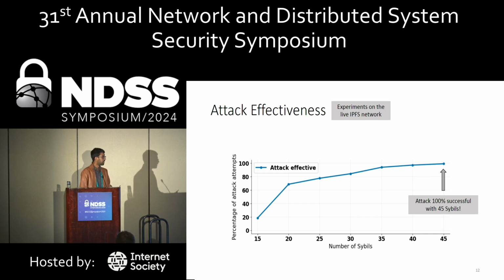Even though content resolution is controlled by the 20 closest peers, if you just launch 20 Sybil peers, you can see the attack succeeds only about 70% of the time. We were lucky. But it doesn't matter, because if you launch 45 Sybils, then the attack is 100% successful and it doesn't increase the cost. So that's the attack, and it's effective.